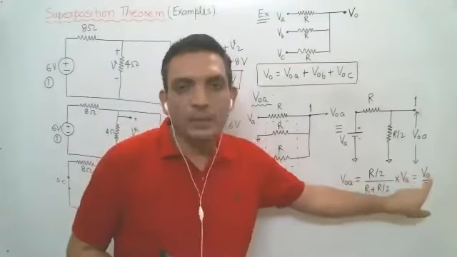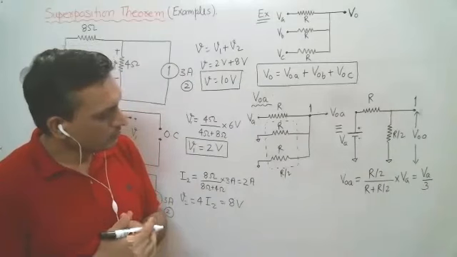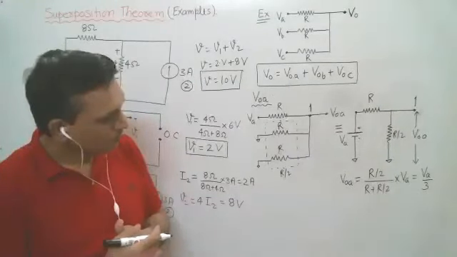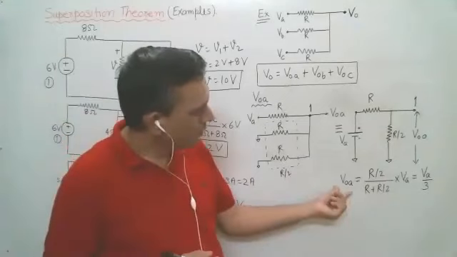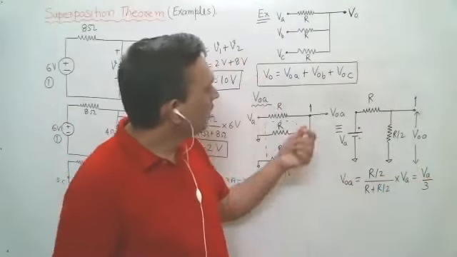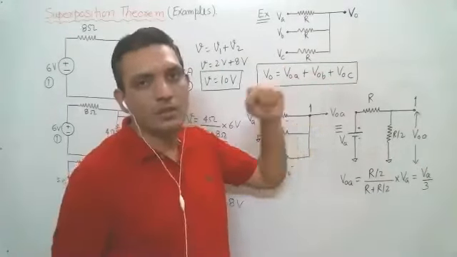V0A is VA by 3. Is it clear? Similarly, you can find V0B and V0C.